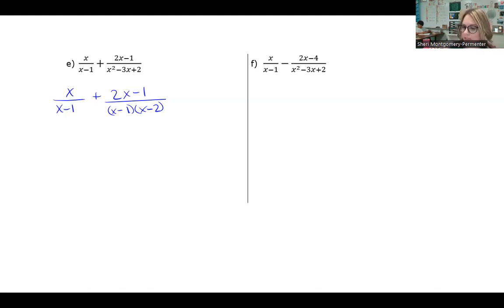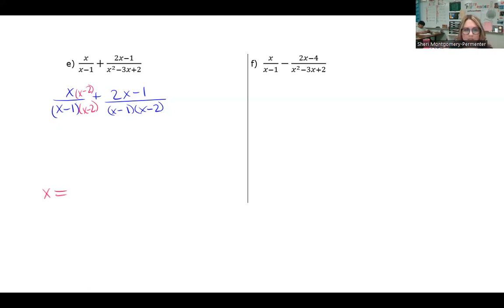At this point, I need to check and see, do I have the same denominator? Almost. This one has an x minus 2 and this one doesn't. So I have to multiply the first one by x minus 2 over x minus 2. I also can jot down at this point my undefined values.